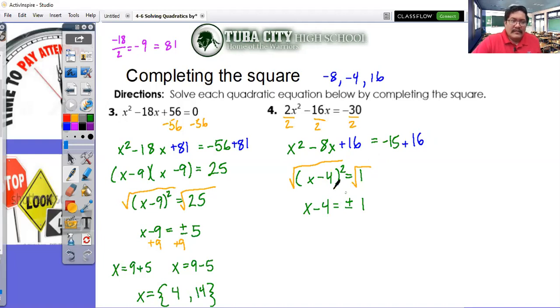So it looks like we still have to solve this by adding 4 to both sides. So let's go ahead and do that. Add 4 here, add 4 here. And let's go ahead and write our two cases out. X equals 4 plus 1, and x equals 4 minus 1.